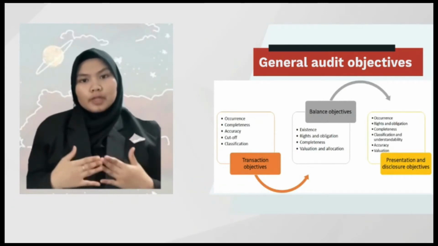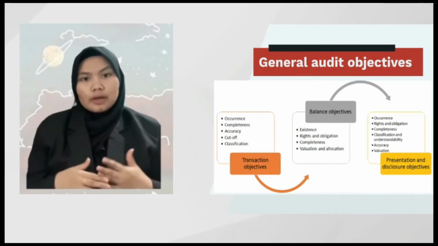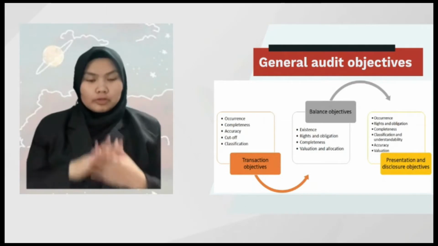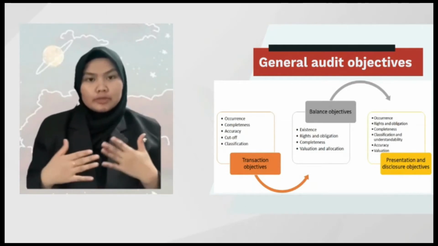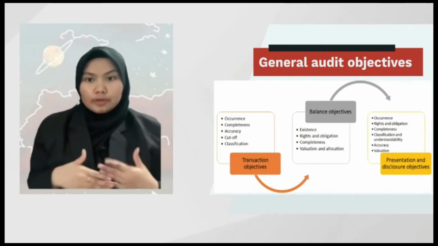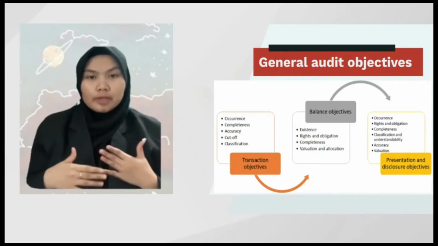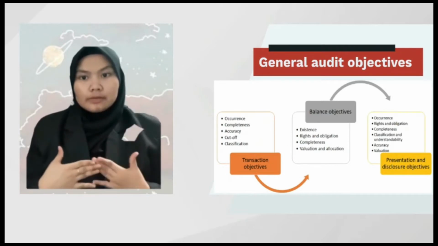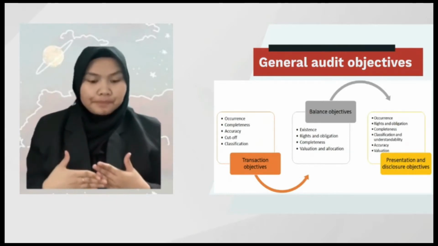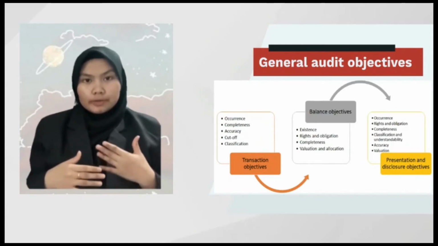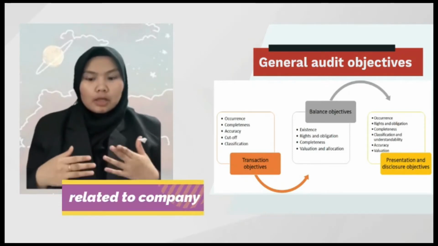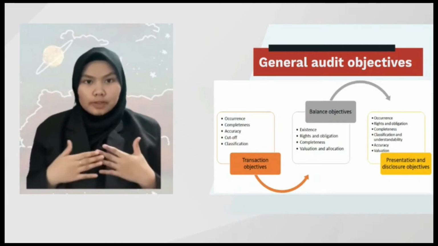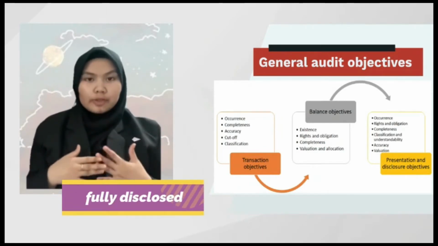Lastly, for the presentation and disclosure objective, there are 6 objectives in this category. The first one is occurrence. The auditors need to make sure that all the disclosed transactions in the financial statements actually exist. Next is rights and obligations. It means that all the disclosed rights and obligations actually relate to the company. For completeness, the transactions that should be disclosed are fully disclosed.